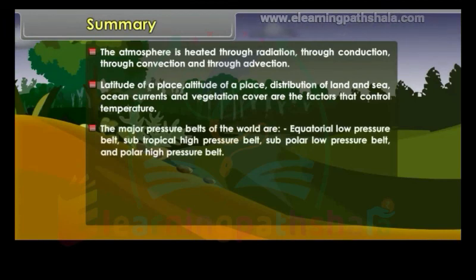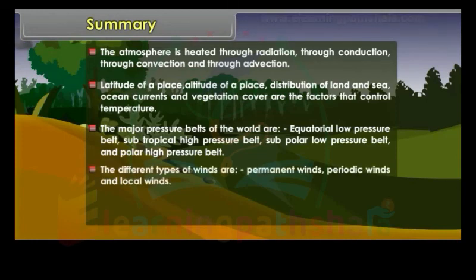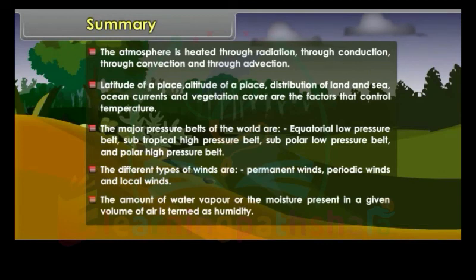The major pressure belts of the world are equatorial low pressure belt, subtropical high pressure belt, subpolar low pressure belt and polar high pressure belt. The different types of winds are permanent winds, periodic winds and local winds. The amount of water vapor or the moisture present in a given volume of air is termed as humidity.